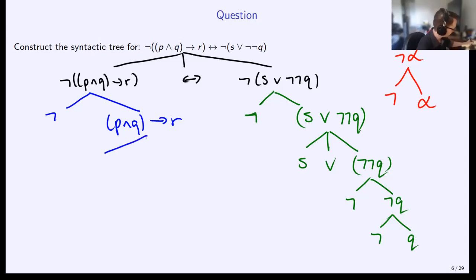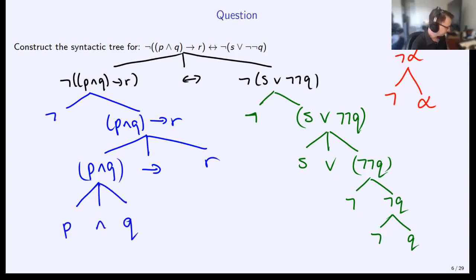So we can break these up into three components, P and Q. We can have the brackets on if we want, arrow and then an R. We can't break down R anymore. We can't break down the operator anymore, but we can break P and Q down into P and Q. So this is the tree structure for this syntactic tree. And again, if we go in reverse from the bottom to the top, we can see exactly how we took all of these individual pieces and put them together using our syntactic rules for propositional logic to create this complex formula at the top.